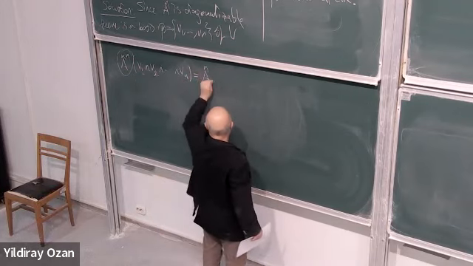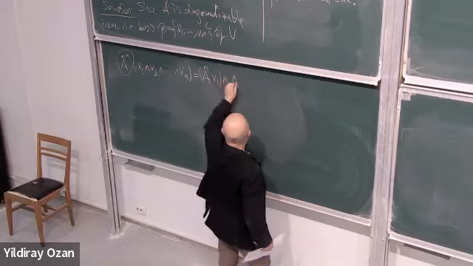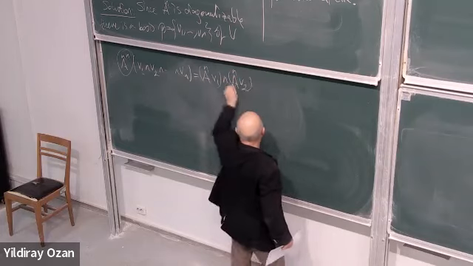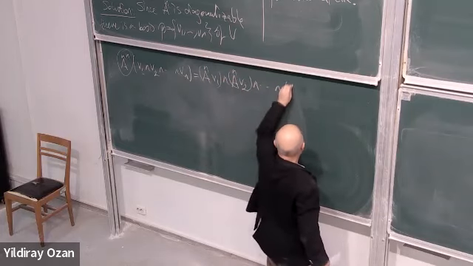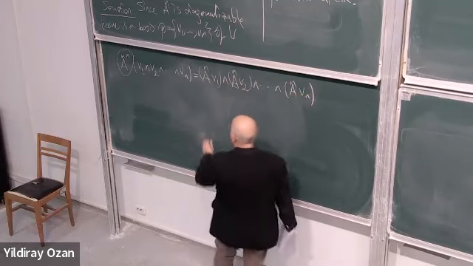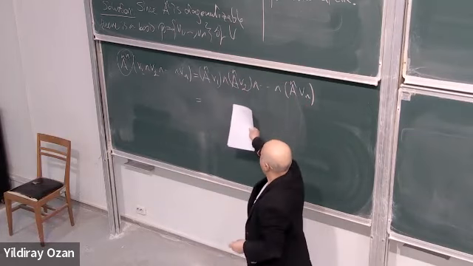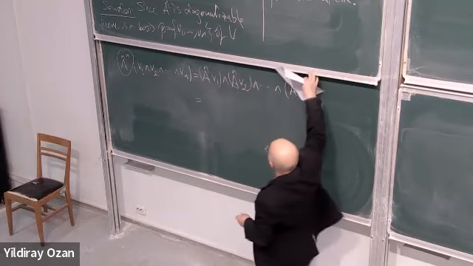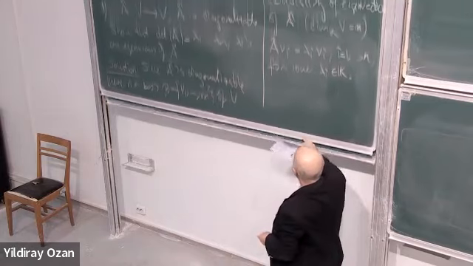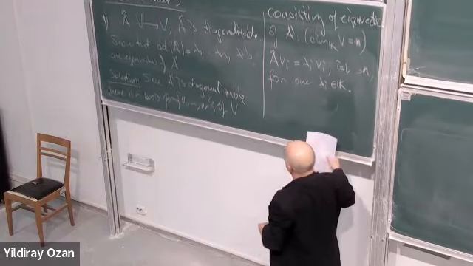So A hits v1, A hits v2, A hits vn. But by the choice of these elements, the vi's are eigenvectors, and A hit vi is just lambda i times vi.